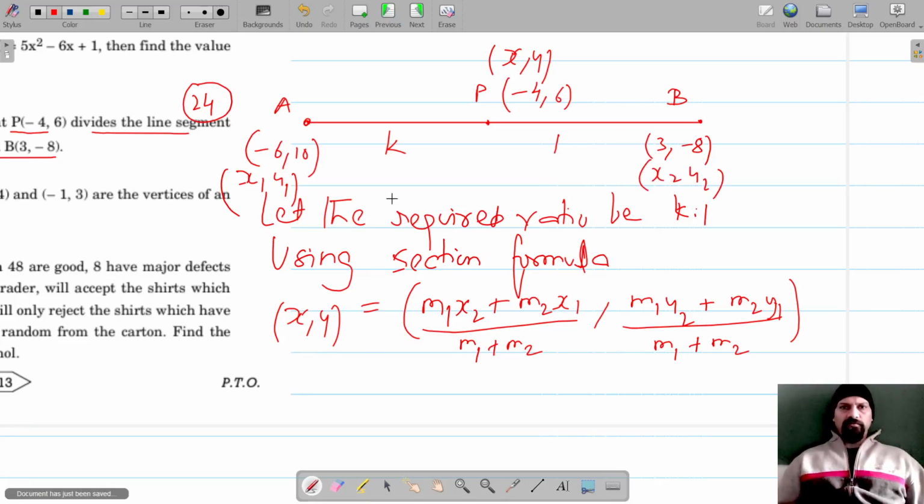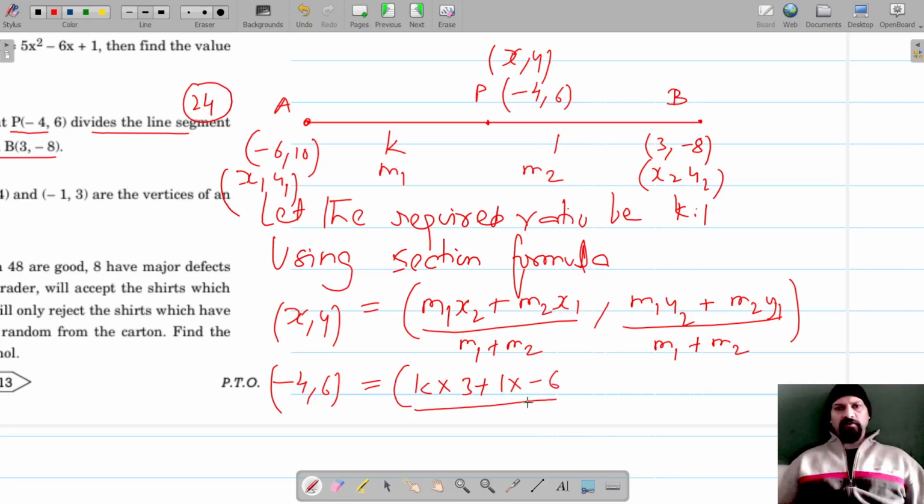So I'm going to substitute the values, where the ratio is m1 to m2. So x comma y, this is minus 4 comma 6, is equal to: m1 is k, x2 is 3, m2 is 1, x1 is negative 6, m1 plus m2 is k plus 1.